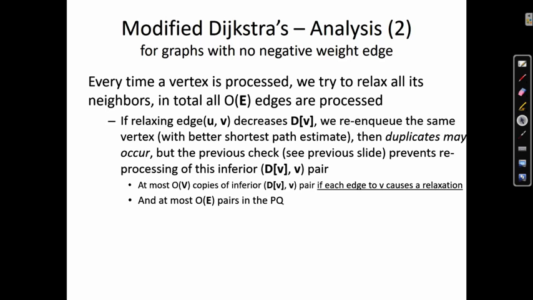Now, when we relax an edge, if the relaxation is successful, I will enqueue a new copy of V inside my priority queue. So the question is, what is the maximum number of copies inside my priority queue?